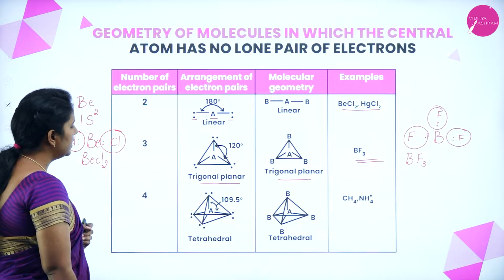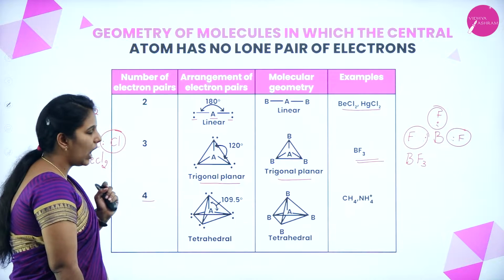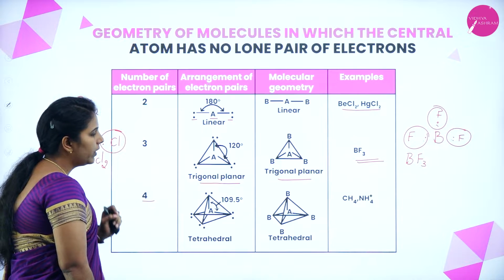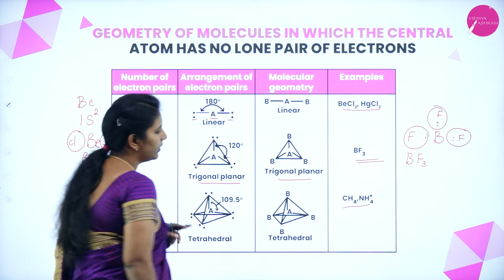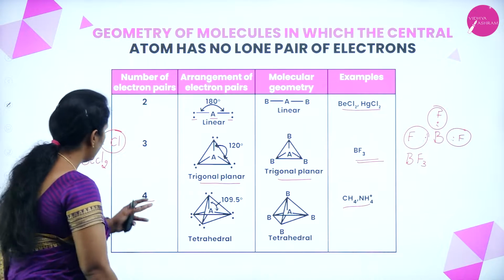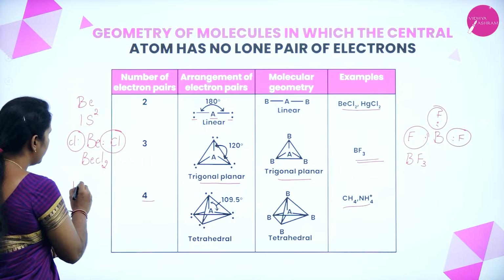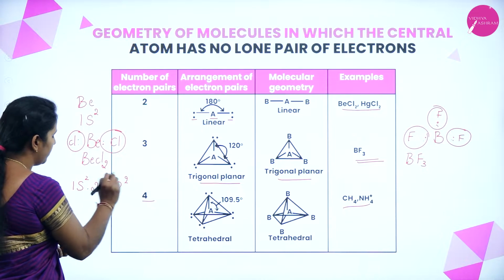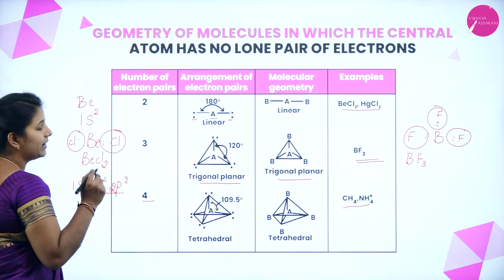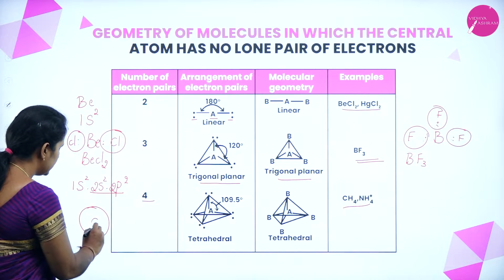Similarly, I'll go with the central metal atom having 4 electrons in its outermost shell. Examples are CH4 and NH4 plus. I'll go with CH4. We know that carbon has the electronic configuration 1s2, 2s2 and 2p2. So in the outermost shell, it consists of how many electrons? 4 electrons. Is it right? Yes.